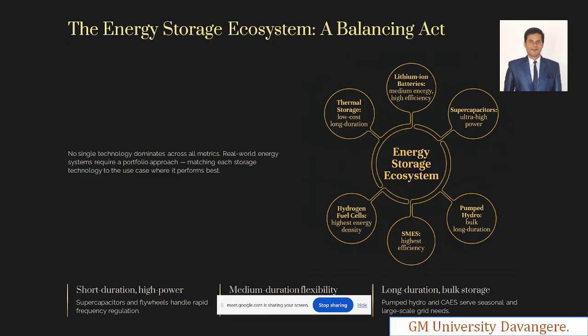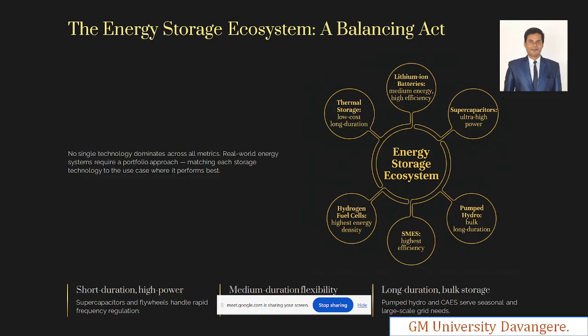So if you see the energy storage, we have the entire energy storage ecosystem, right? This ecosystem talks about how different forms of energy can be stored in different ways. It is fully based upon the application, how we are going to use this for specific applications in the real world of energy systems, right?